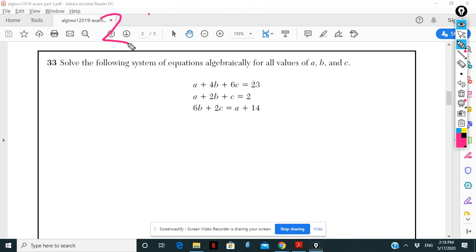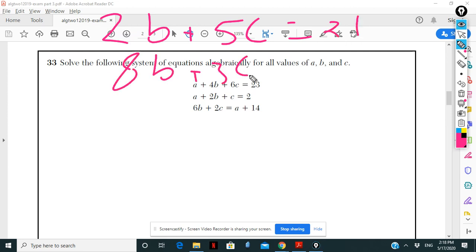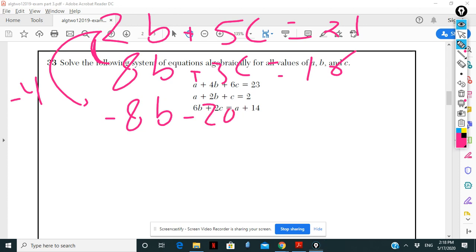So the first one was 2B plus 5C equal to 21. The second equation, 8B plus 3C equal to 16. Look here, 2 and 8. So I'm going to multiply this equation by negative 4 to have negative 8. So negative 8B minus 20C equal to negative 84.